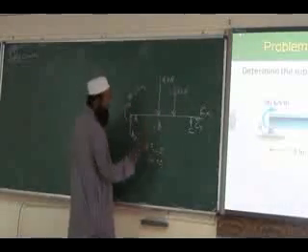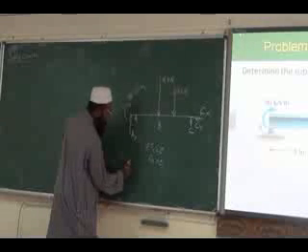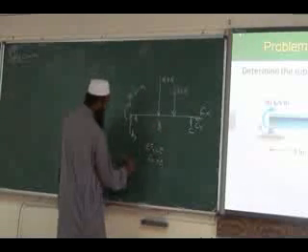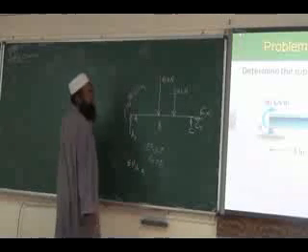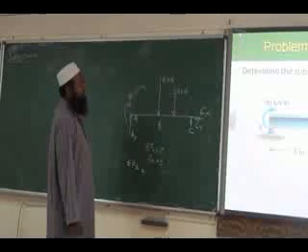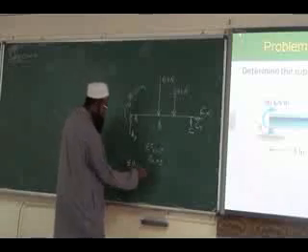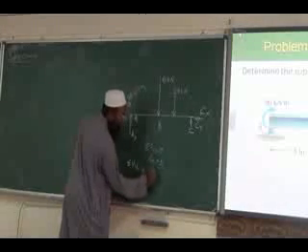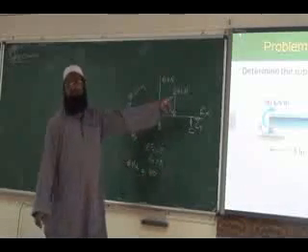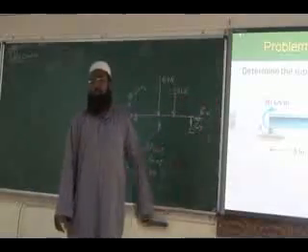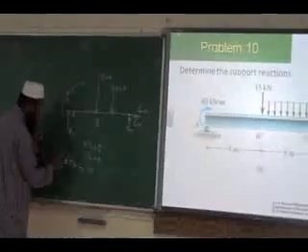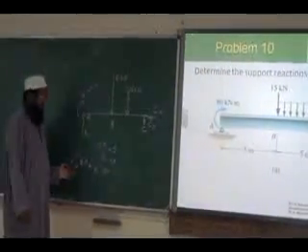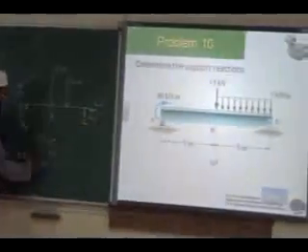Now you take moment of all the forces about, say, point A. So you have 80 kN meter already. That 80 kN meter is in clockwise direction. I take anti-clockwise as positive. I take the sign convention anti-clockwise as positive.